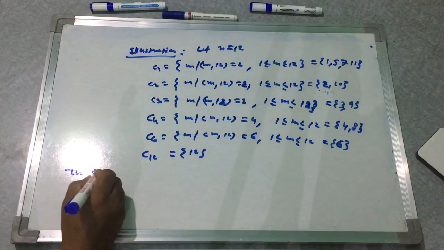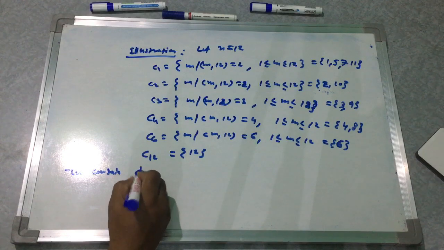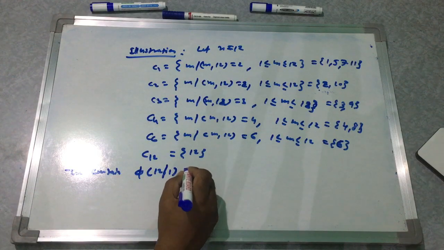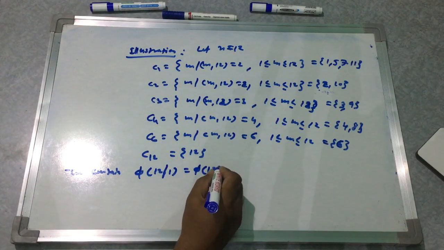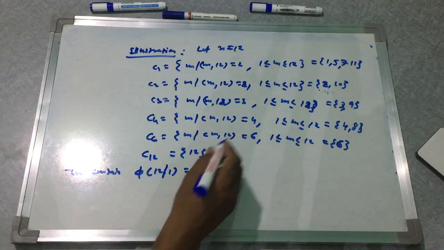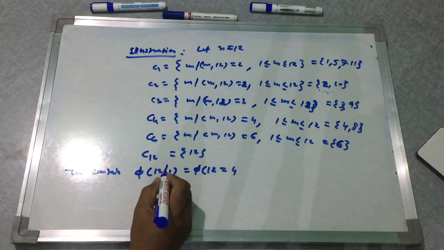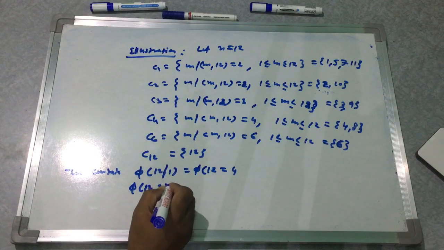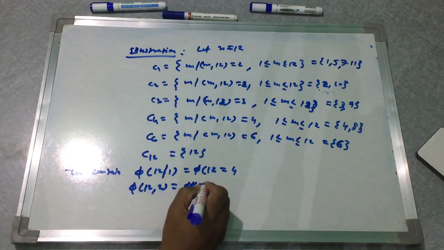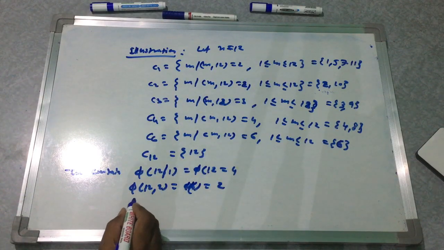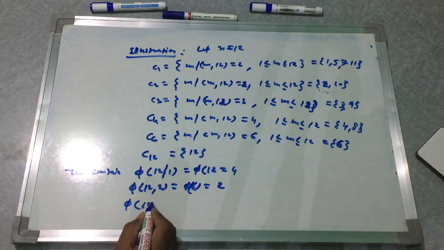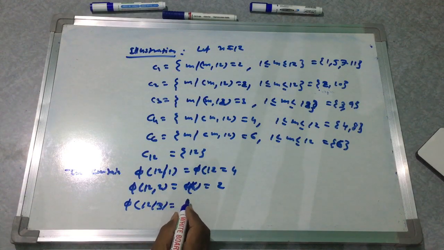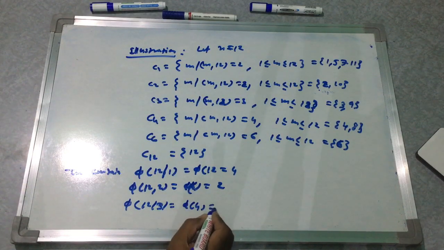So they contain phi of 12 over 1, equal to phi of 12, that is 4. Then phi of 12 over 2 is phi of 6, that is 2. Twelve over 3 is equal to 4, phi of 4 is equal to 2.